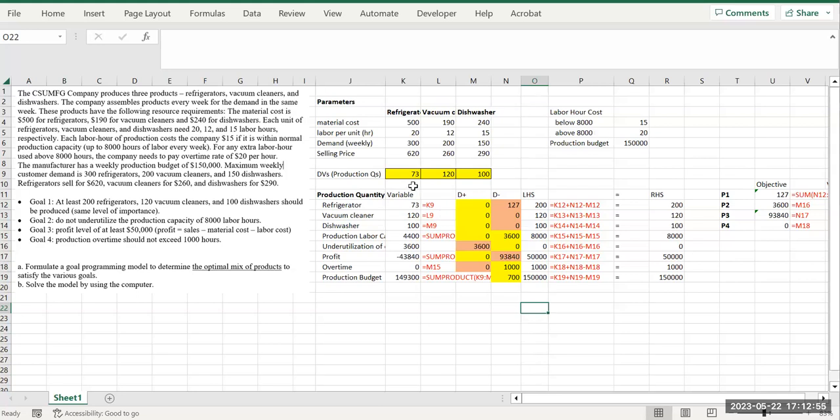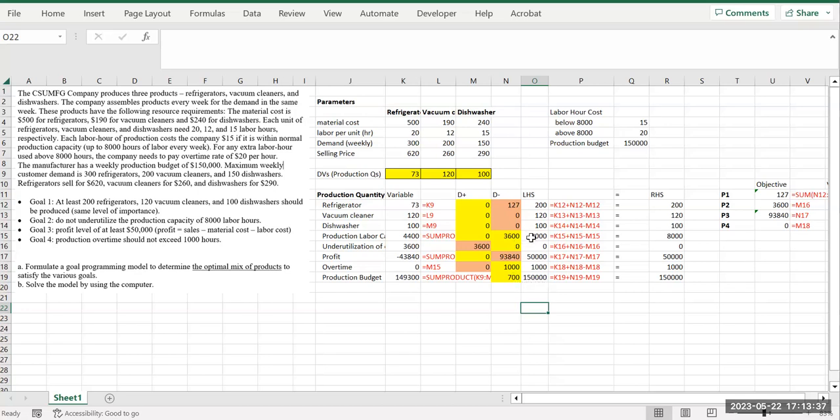Okay. So 73, 120, and 100. So the goals for vacuum cleaner and dishwasher are satisfied. Refrigerators were short 127 units. But for production capacity, we're going under. What is making this happen is that we have a hard constraint, the production budget of 150, and that's the main restrictive factor here.